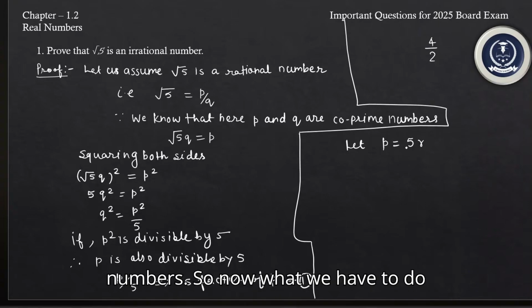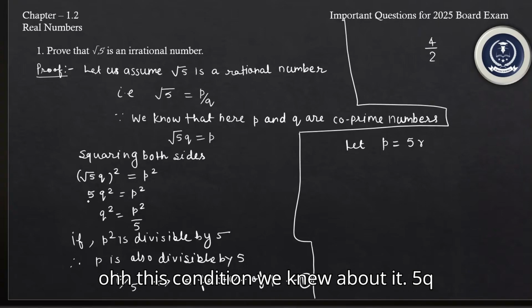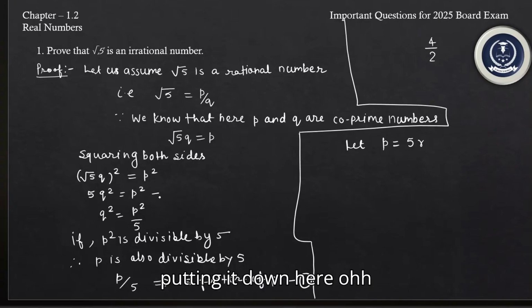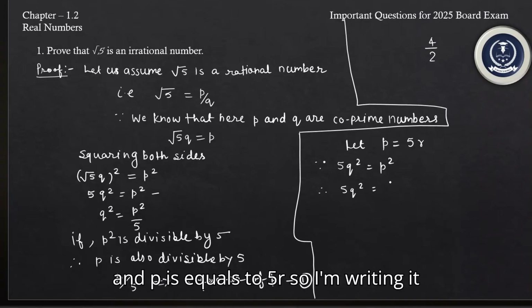So now what we have to do again here, we knew about this condition: 5q square is equal to p square. Since we know that 5q square is equal to p square and p is equal to 5r, I'm writing 5r square.